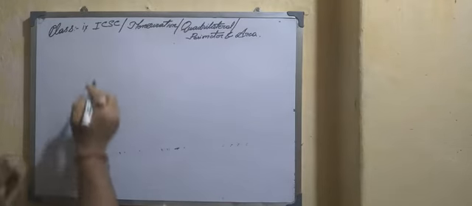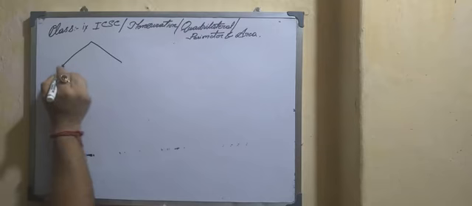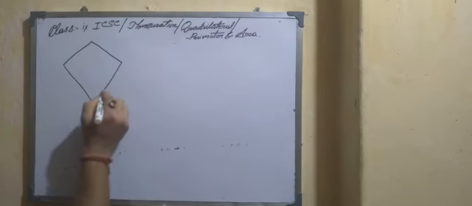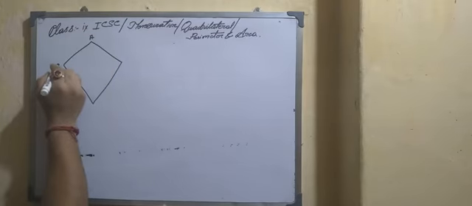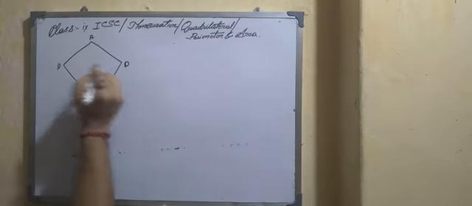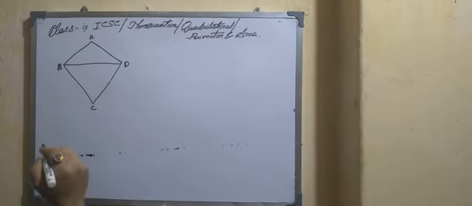Let's take a quadrilateral. The name is ABCD, and one diagonal is given.